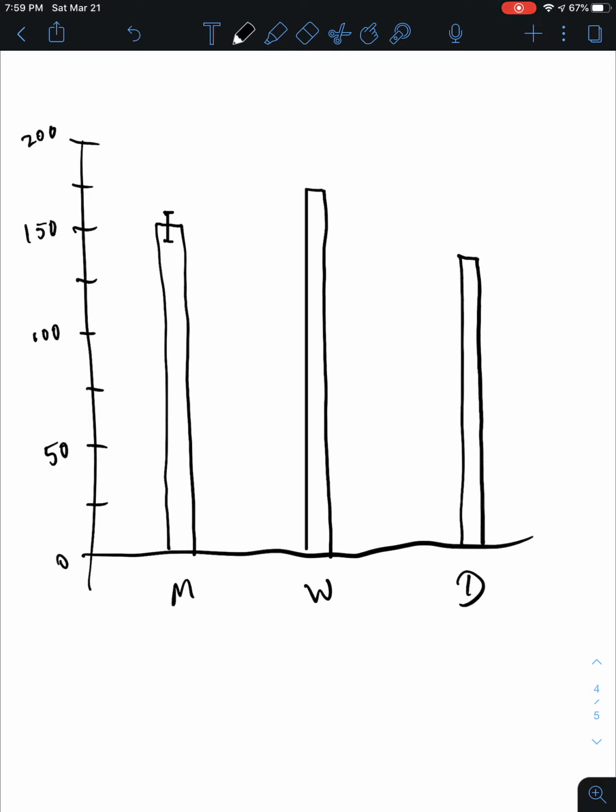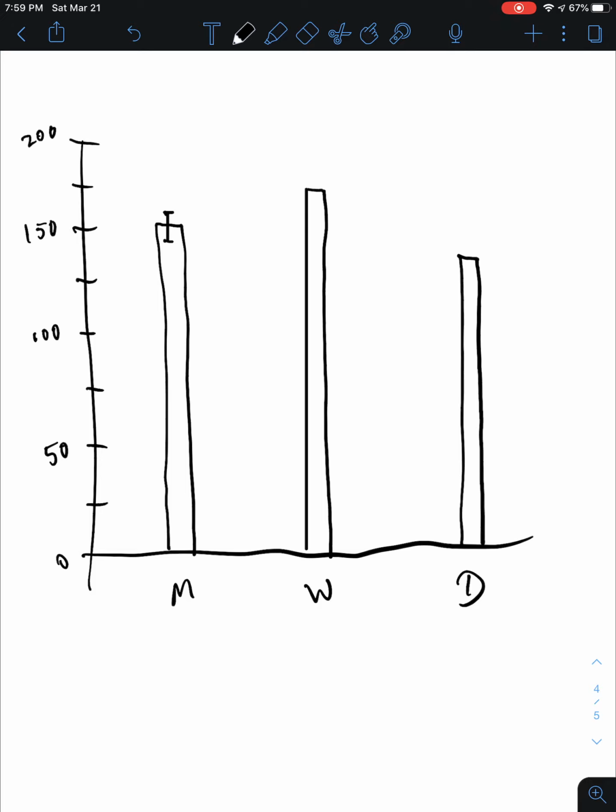And this is very much like our box plot with whiskers. If you remember the box plot with whiskers, this is kind of the same idea. We're attaching whiskers to the bar to show that it's not a certainty that the number is actually 150, but there's some variability associated with that.